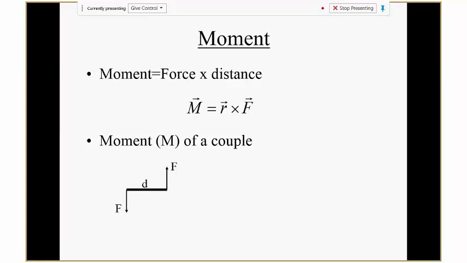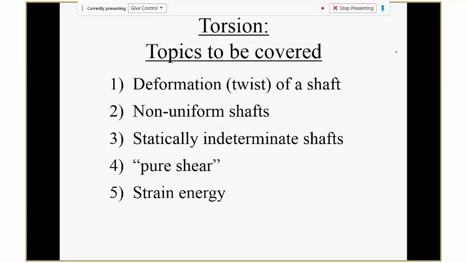In this chapter, structure-wise, one thing similar to what we just learned in chapter 2, we're going to learn how to calculate, when you have a bar and a torque, what kind of deformation you're going to get and what kind of stress you're going to have. Then when you have a non-uniform bar, what's going to happen, how you calculate the stress and the deformation.